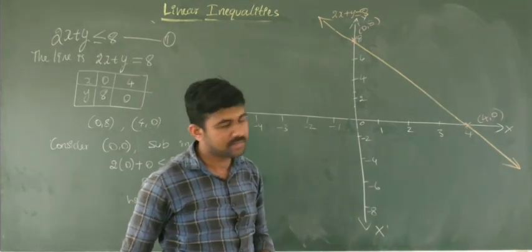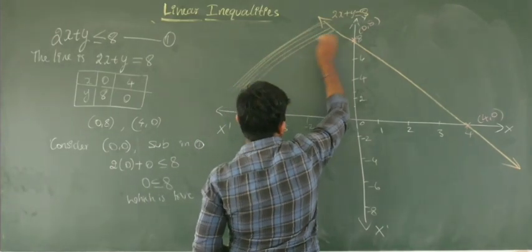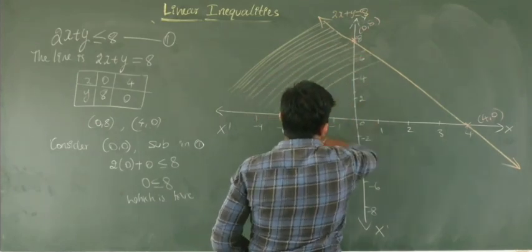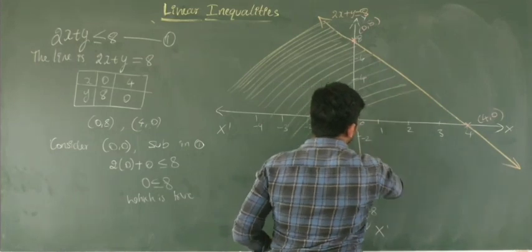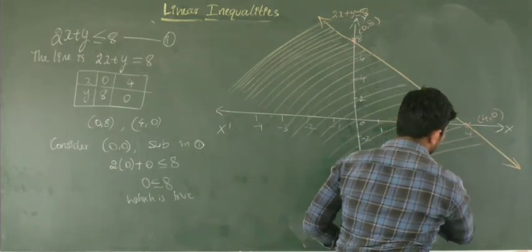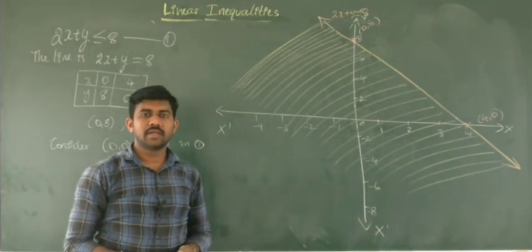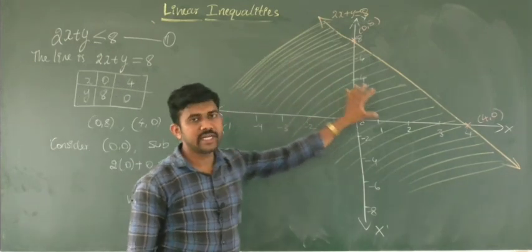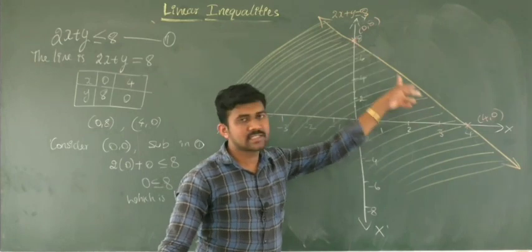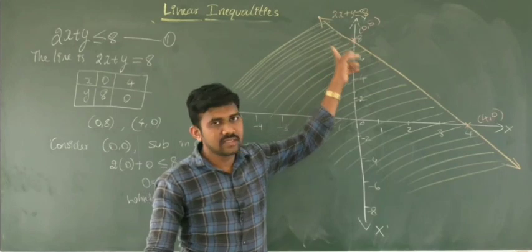Okay, by shading the region, or you can draw the line like this. Now you can observe here the shaded region is the solution region. The points that lie on the line are also included in the solution region, because this is a thick line.